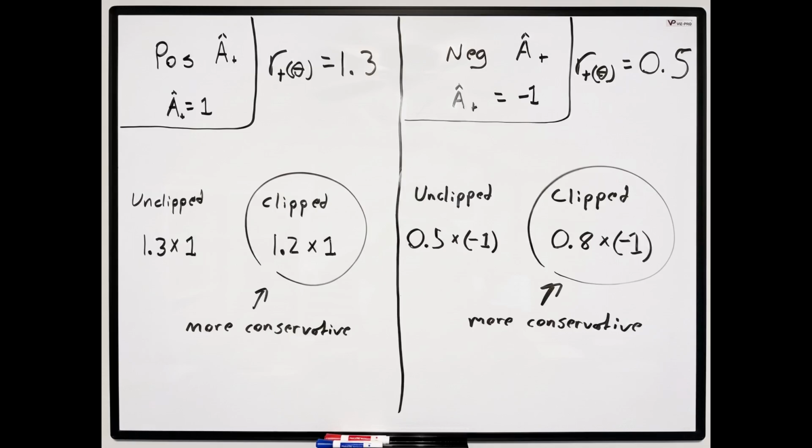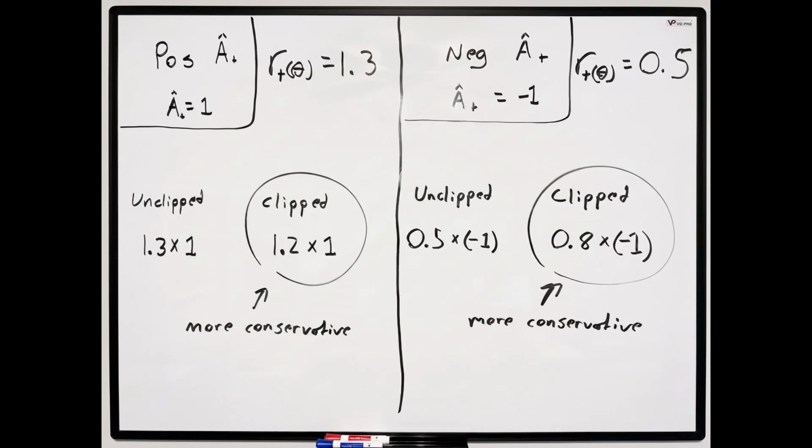Now, the reason we're showing this example is because it's a little bit more counterintuitive on the negative side here. So let's think about we have a dramatic ratio like 0.5, and we have an advantage of -1. What's going to happen here is our unclipped version is going to be 0.5 times our negative advantage, which is -1 here.